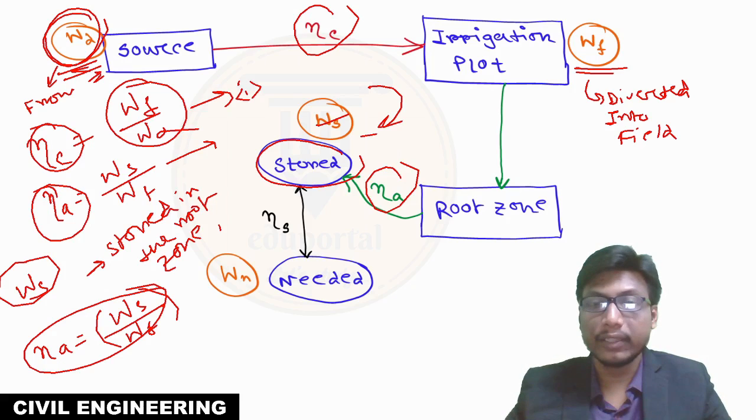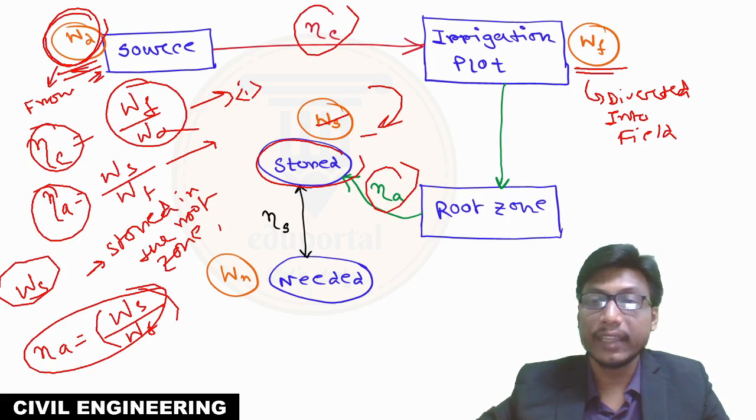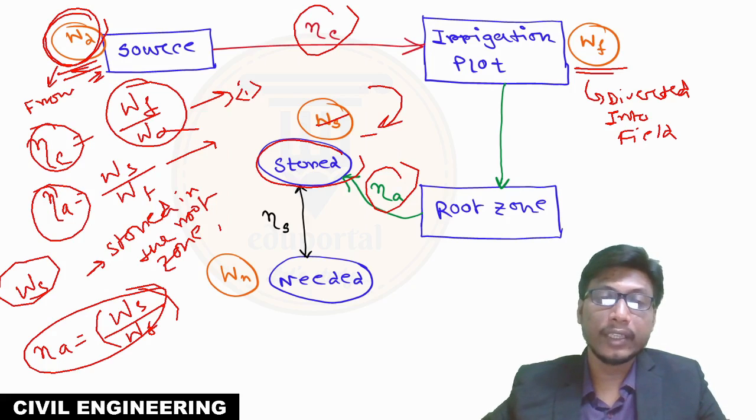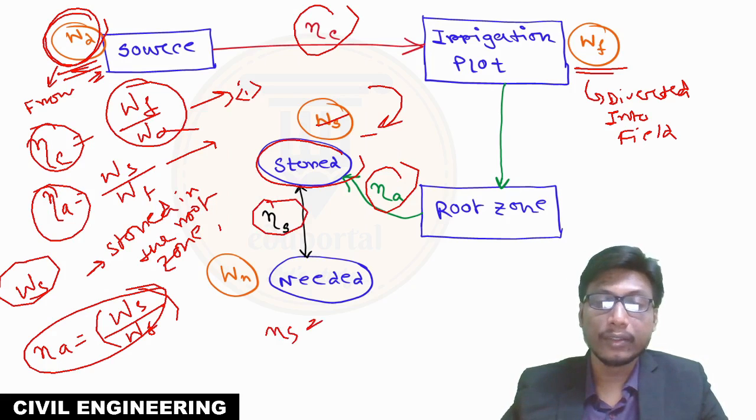The next one is eta S. It is the water storage efficiency. What is that? It is WS by WN.